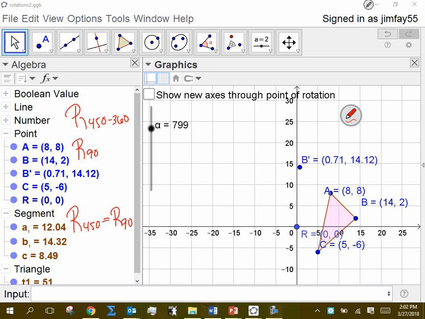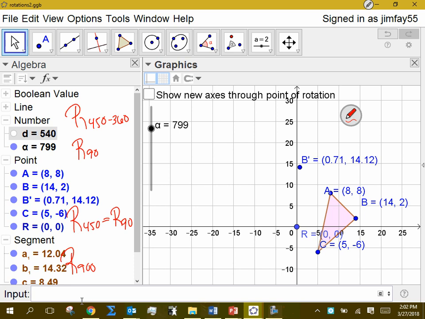And you can do that kind of stuff. Maybe they say rotate 900 degrees. Well, if I take 900 and subtract 360, do I have a rule for a 540-degree rotation? No. I only have rotations for 90, 180, and 270, right?